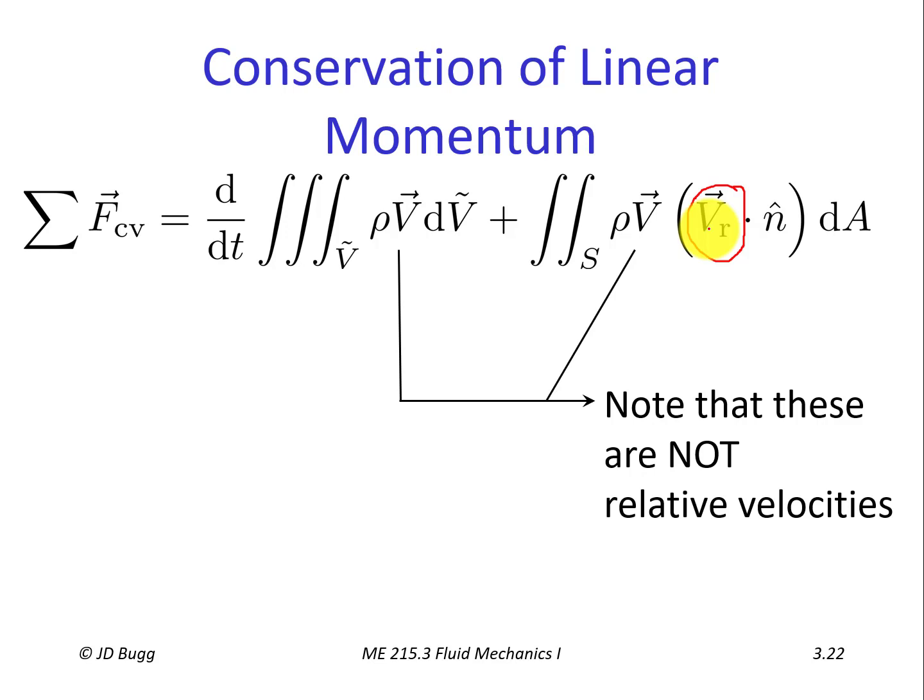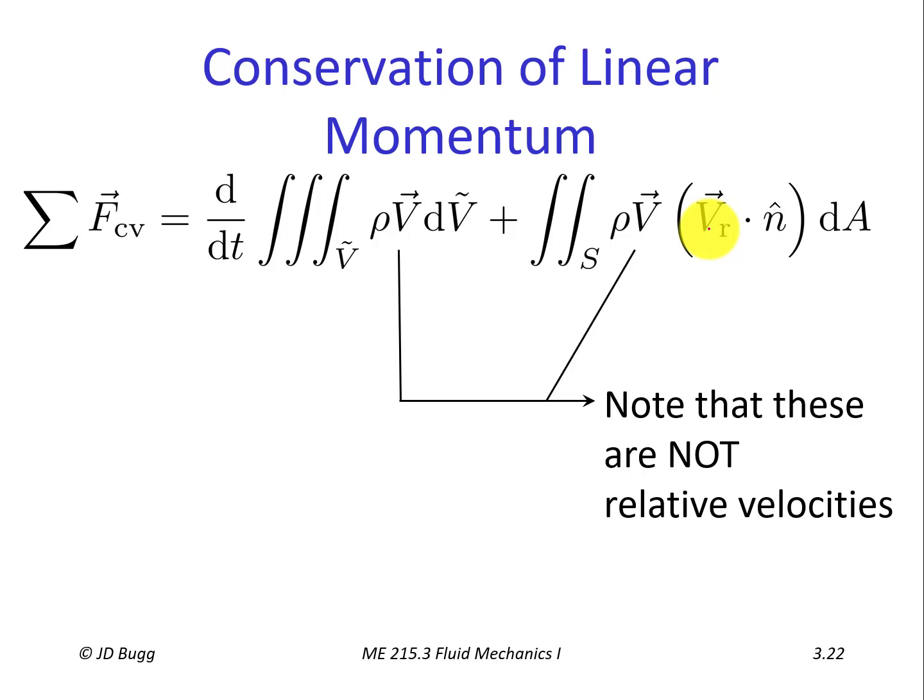But realize these other two V's that have appeared when we substituted in our beta value do not have an r on them. So these are not velocities relative to the control surface. These are absolute velocities, and by that I mean they're velocities relative to some inertial coordinate system.